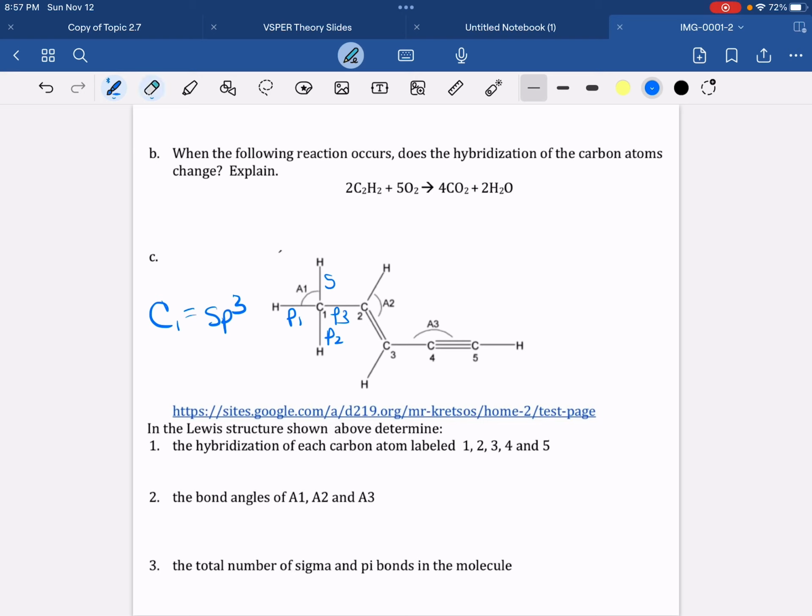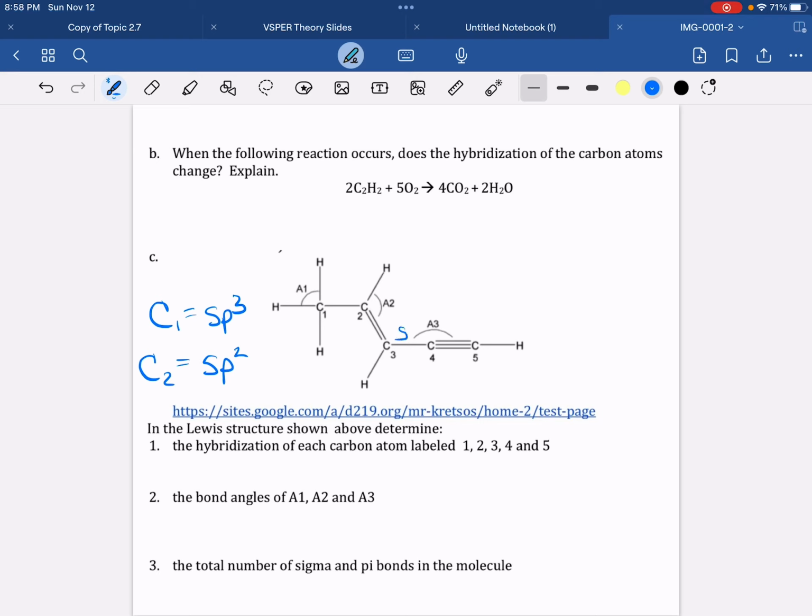Then we go on to the next one, and we have our C2. What is the hybridization at C2? We start at S, we have P1, P2. This is sp2 hybridization. Okay, again, we'll erase those.